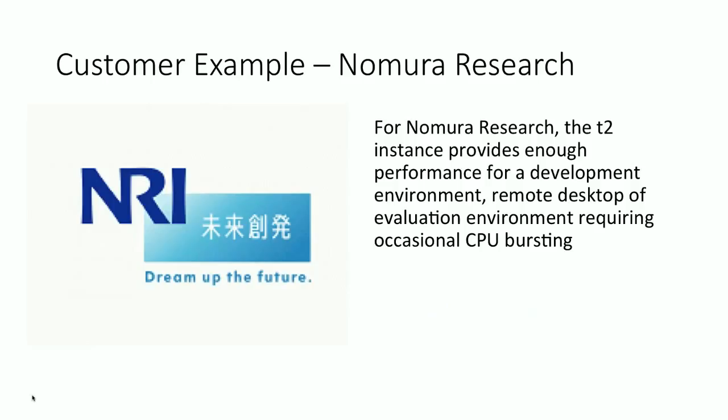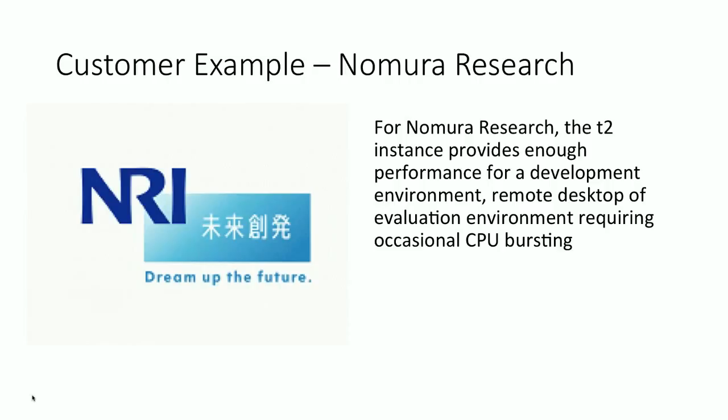They're leveraging T2 for a whole wide range of application workloads on the AWS platform, even remote desktops. They provisioned remote desktops on EC2, and because of the burst workload of a desktop environment, if you think about it, it's a human being accessing the remote desktop and conducting different tasks on that desktop.